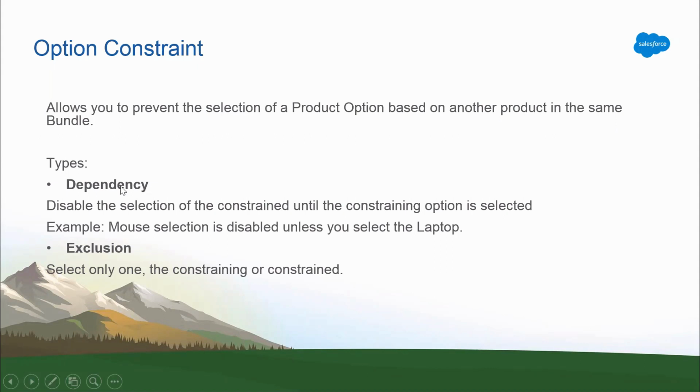Okay, so dependency is to disable the selection of the constrained option until the constraining option is selected. Now this might sound complicated, so I will just do an example to elaborate on this. So let's say we want to disable the selection of the mouse, okay, unless you select the laptop, okay. So let's go to our demo.